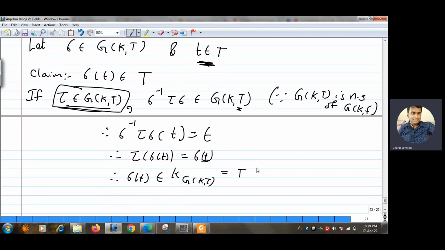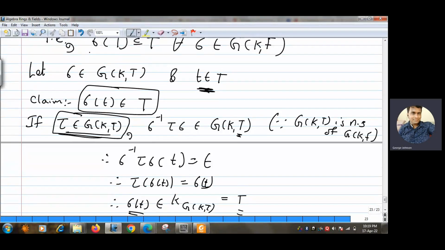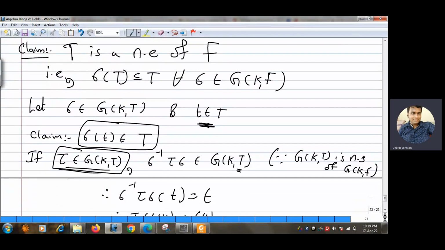K is a normal extension of F, and hence K is a normal extension of T. We have used that in the first part also. So K is a normal extension of T, which we already have. Because K is a normal extension of T, by the definition of normal extension, I have that the fixed field of GKT is the same as T. So what I have proved is that sigma t is an element of T, and that's what my claim was. I proved that sigma t belongs to T. So I have proved my claim. That means we have proved T is a normal extension of F.